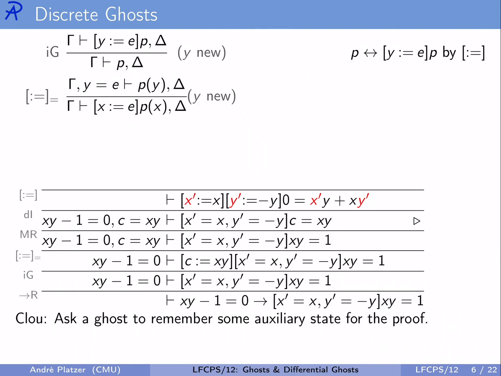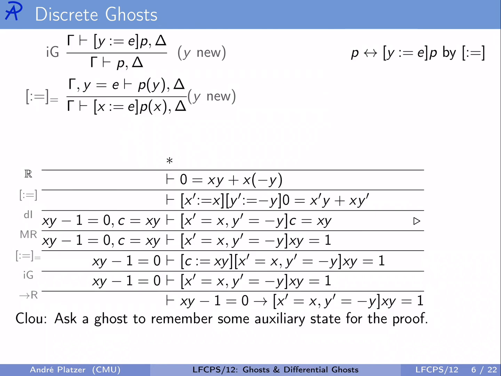Could plug in c prime equals 0 basically. And then we plug in x prime's new value here and y prime's new value here, which will give us this, that 0 is x times y plus x times minus y. And of course, xy plus x minus y just cancels out, so this proof is now trivial.